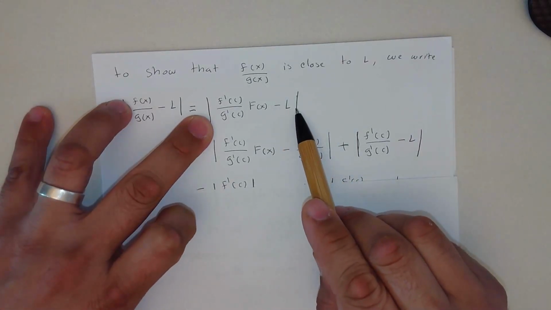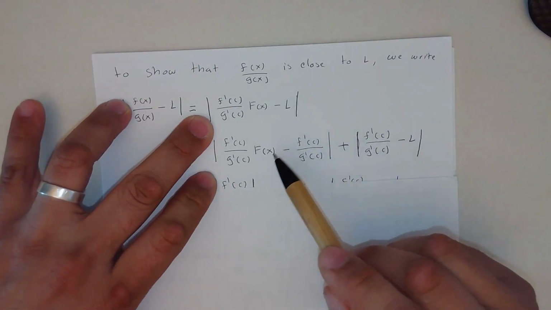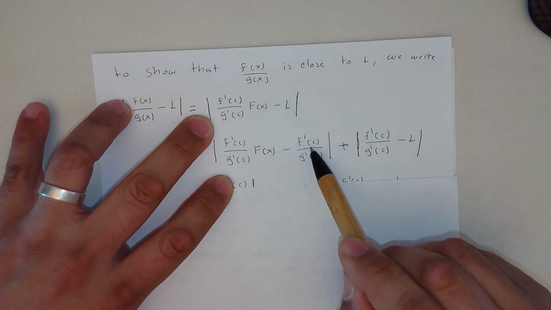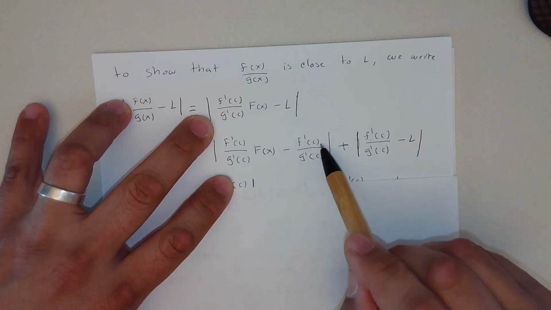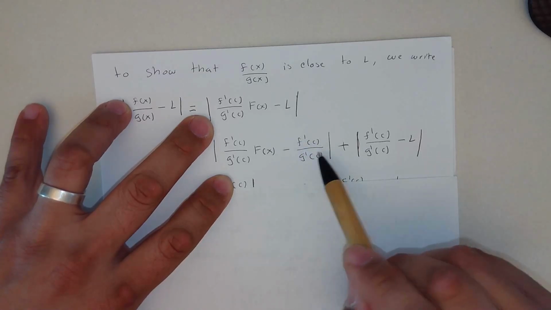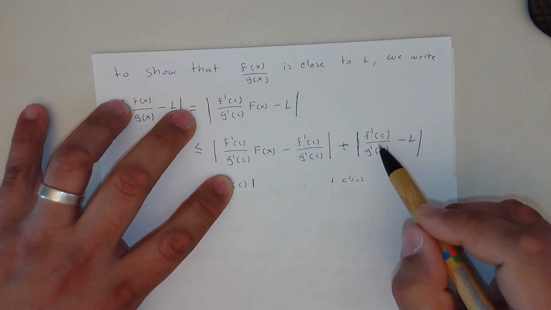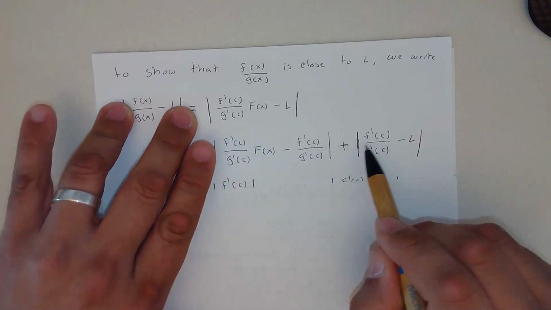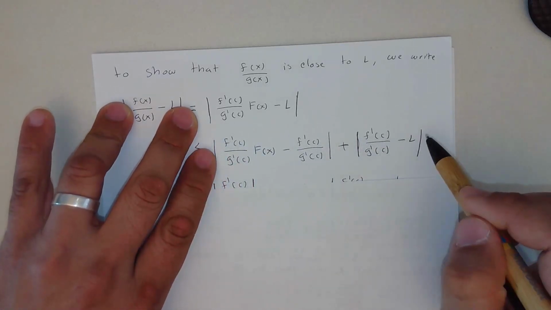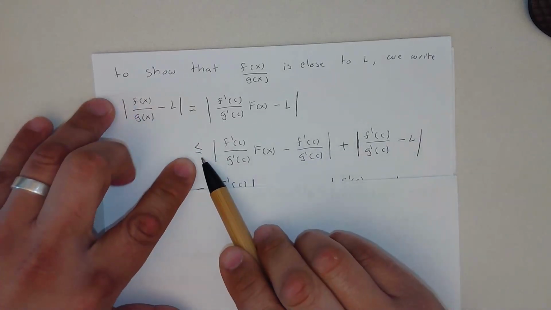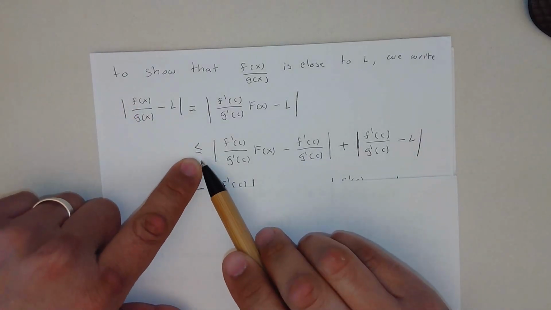But now what we can do, we can add and subtract this term, the derivative of the function evaluated in C from f over g, right? So we add and we subtract, and then we can separate the absolute value. Of course, every time that we do this separation of the absolute value, we have to change the condition here.